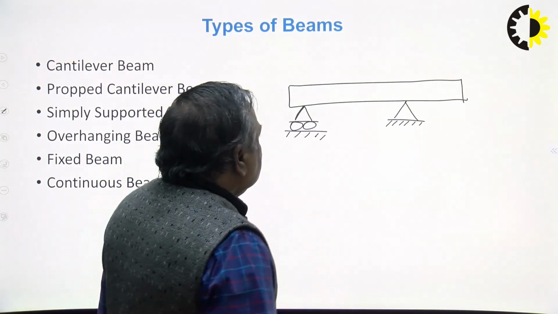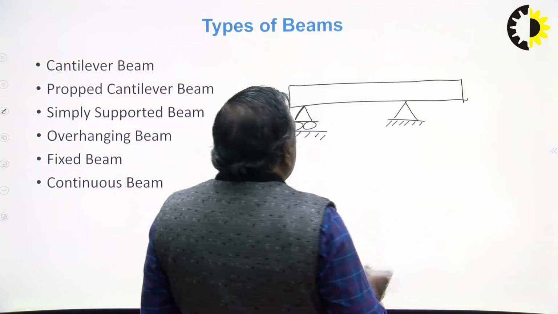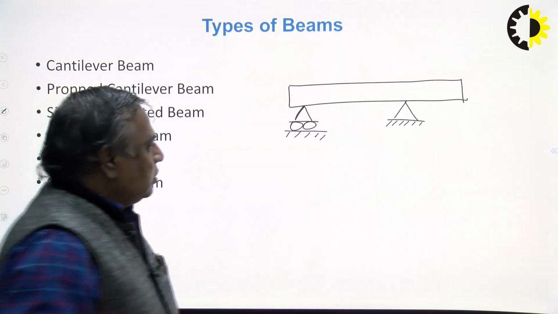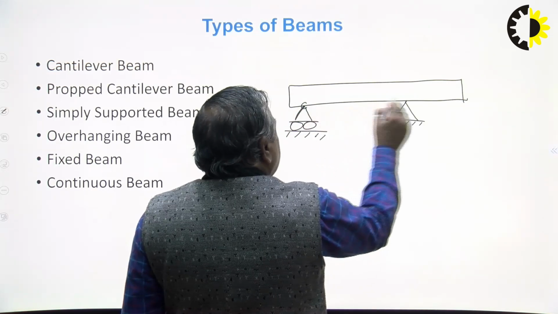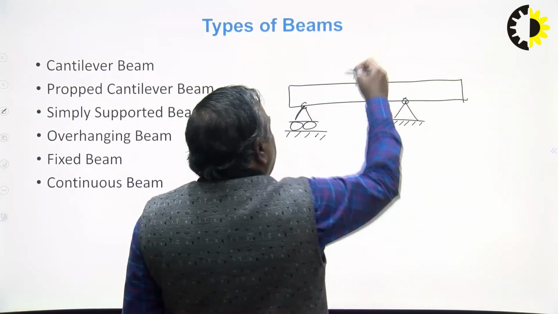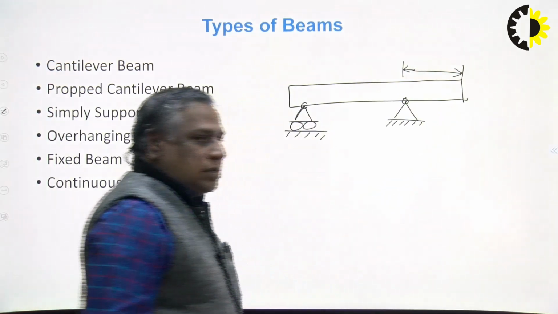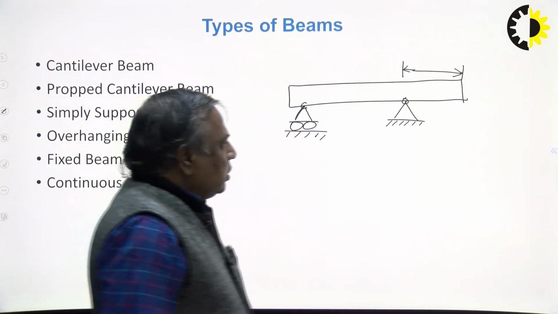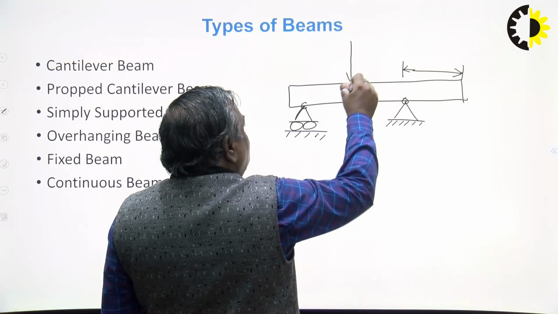Both cannot be the same, roller and knife should not be there together, right? One is hinge, this is roller, this is hinge, and this span extends beyond this hinge support, and this is supporting load W.